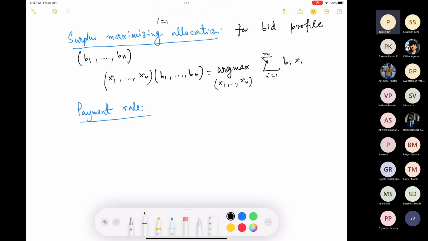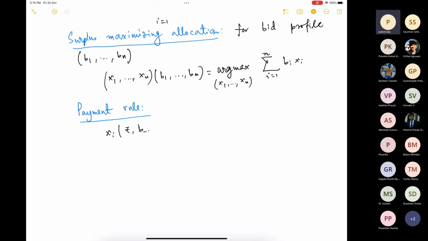I will fix the bids of the other players and look at this function xi(z, b-i). Can someone tell me how this function will look like? Feel free to unmute and answer. How will this function xi of z comma b minus i look like? It's a function of z.